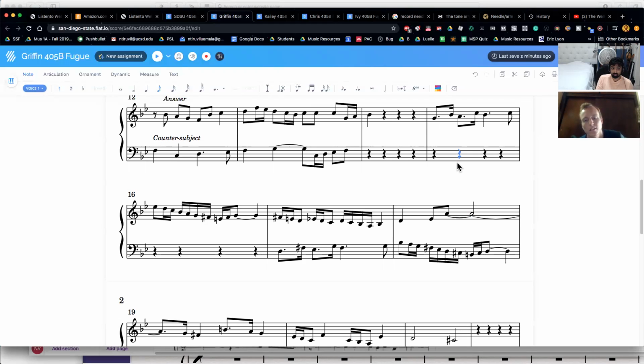Let's see. Yeah, this looks already good because, well, there are 2 flats in the key. Oh, I see. I was doing this thing.